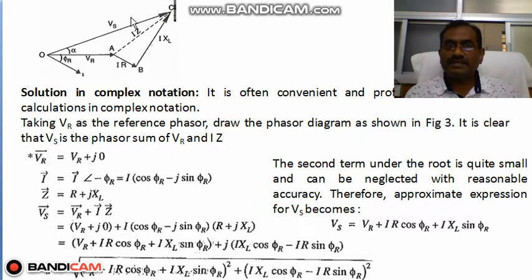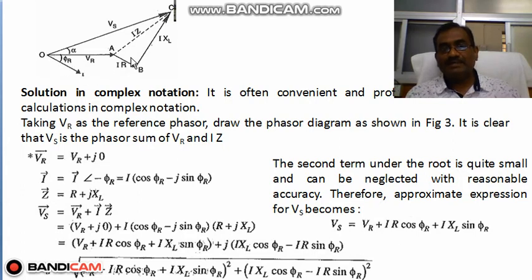See here, this is our phasor diagram where the receiving end voltage VR is taken as a reference. Therefore, the current lags VR by an angle phi R. When this current flows through the resistance, it creates a voltage drop I into R, and this voltage drop is in phase with this current.